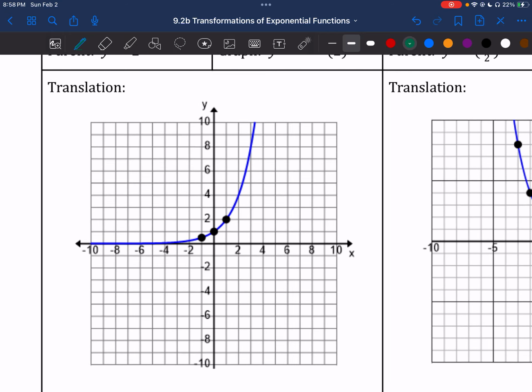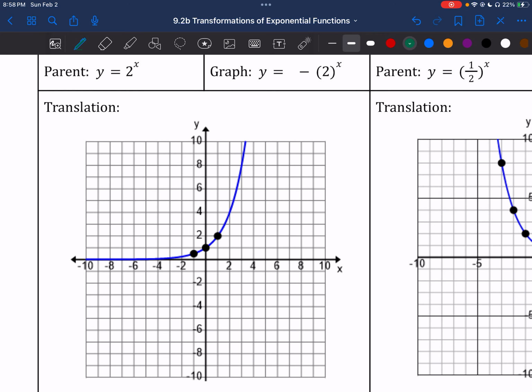So in our example here, all of these are going to be a vertical reflection. Each one of these has a vertical reflection. We are flipping it across the x-axis.